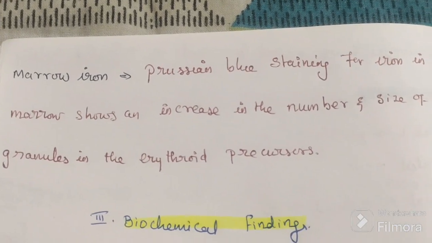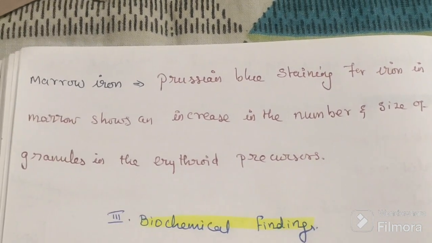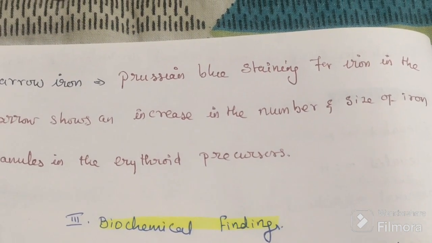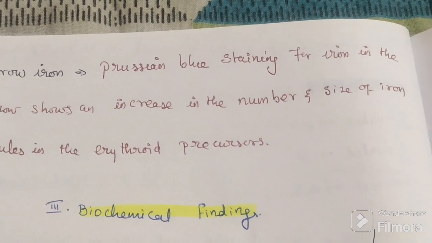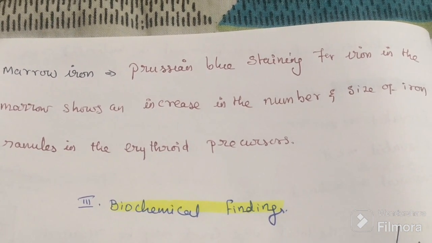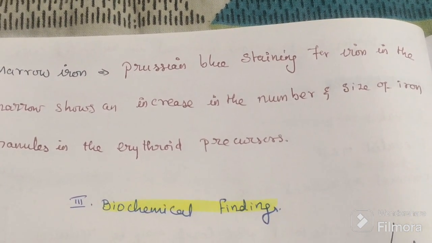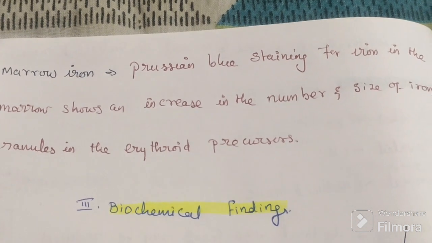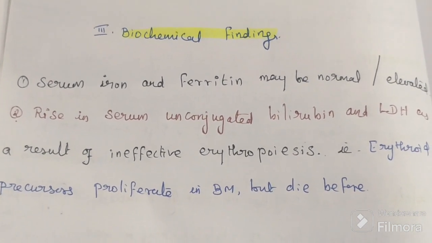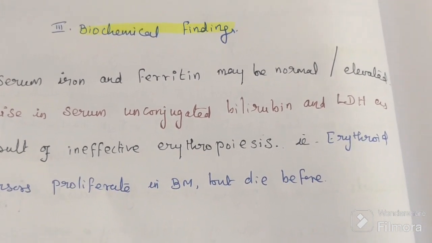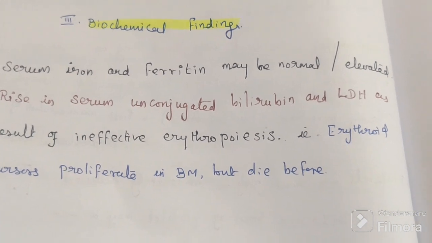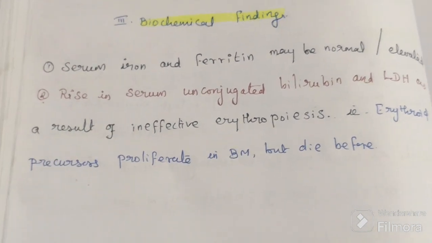Marrow iron: Prussian blue staining for iron in the marrow shows an increase. In iron deficiency anemia it is decreased; here the number and size of iron granules in the erythroid precursors are increased. Coming to biochemical findings, serum iron and ferritin may be normal or elevated, with a rise in serum unconjugated bilirubin and LDH.